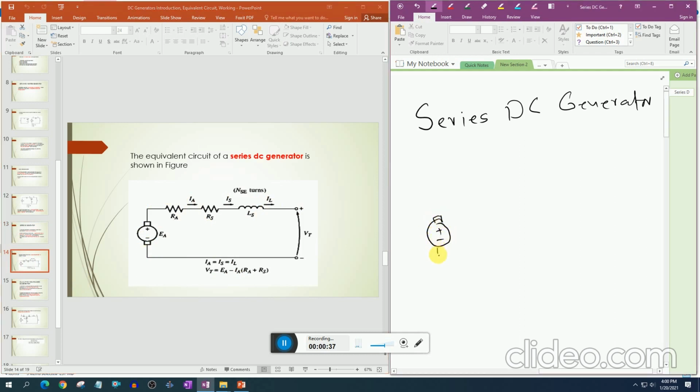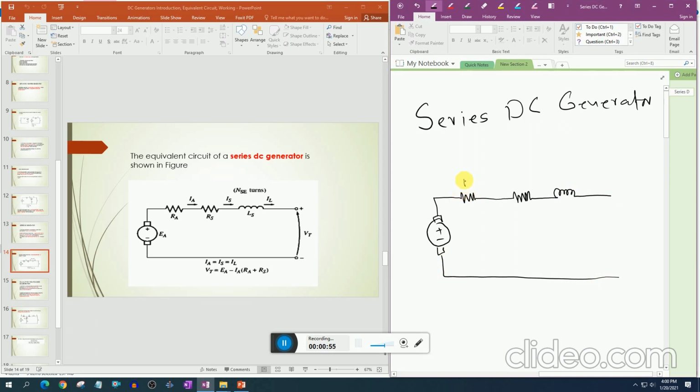If this is the armature, RA, this is the series winding. Here is IA, here IS, and this one is the I line.